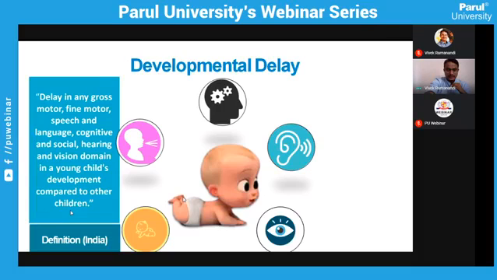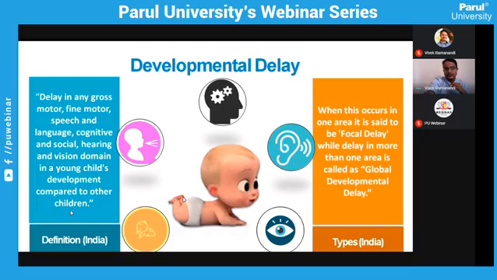These are the major aspects. And when there is delay in one area of the development, in India it is known as focal delay. But when there is delay in more than one area, it is known as global developmental delay.